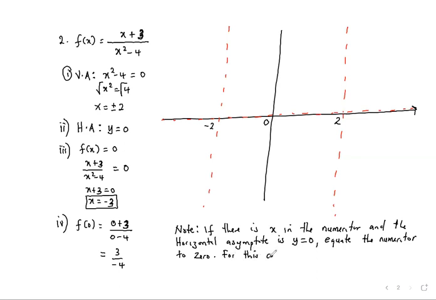For this case, the horizontal asymptote is what? Okay, so in this case, the horizontal asymptote is cut.